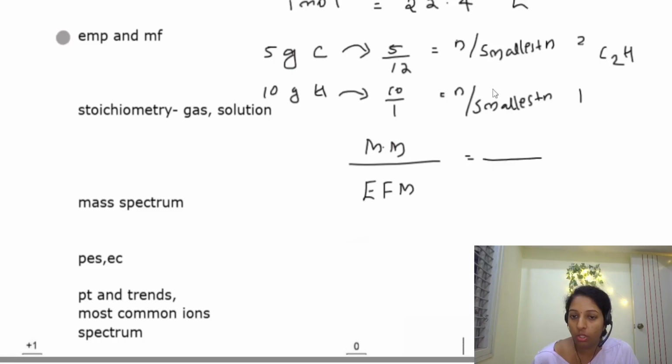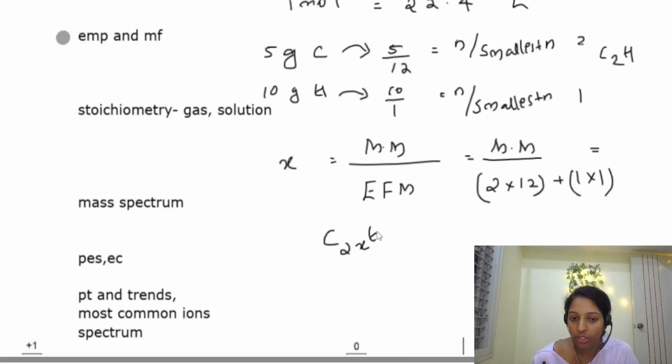Suppose you got C2H2 here, then the empirical formula mass will be 2 times the carbon weight, which is 12, plus the hydrogen weight times the number of hydrogens. When you divide the molecular mass by this, you will get a number, let me call it X. Then your molecular formula will be C2X H2X. In that way you can calculate the molecular formula.